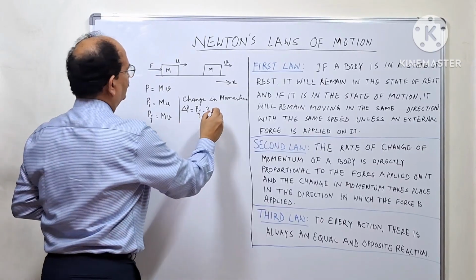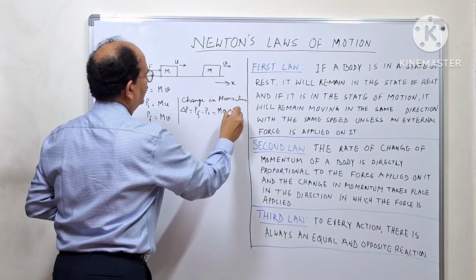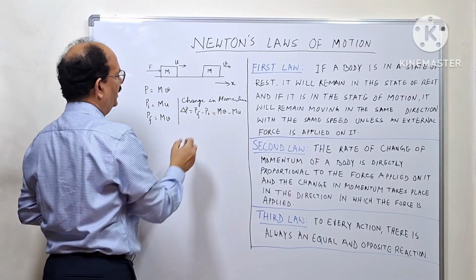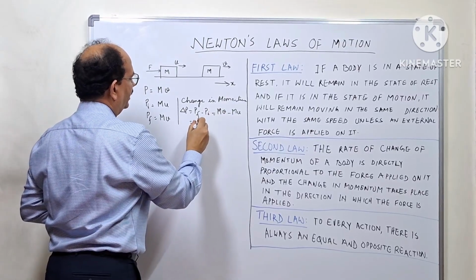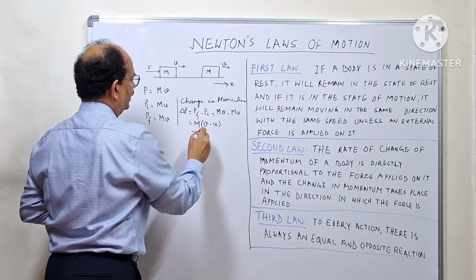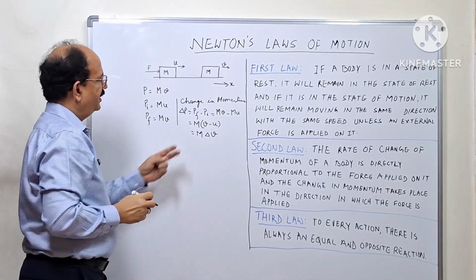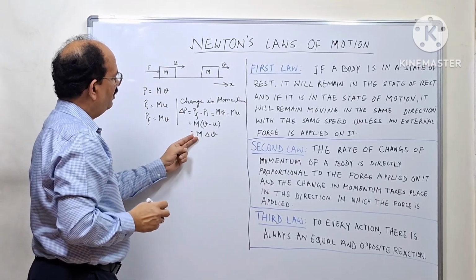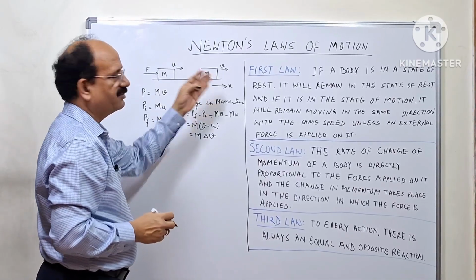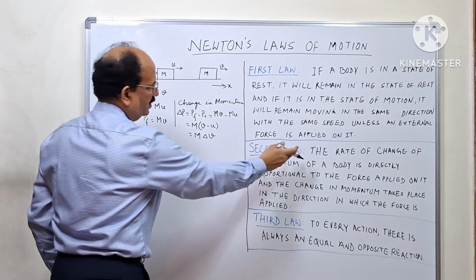Okay, so that will be equal to m times v minus m times u, that is final momentum minus initial momentum. So this can be written as m times (v minus u), and that can be written as m times delta v, that is change in momentum is equal to mass into change in speed, okay, in the same direction.